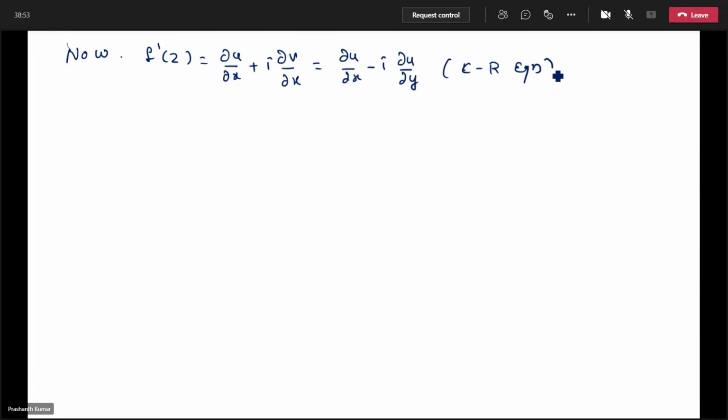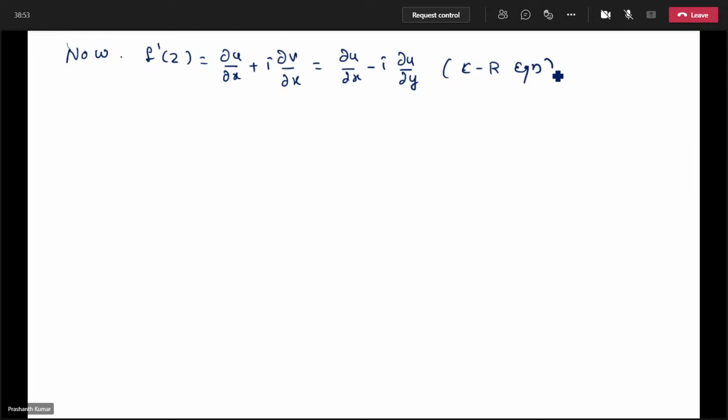Now to express f dash z completely in terms of z, we are taking this as equation 4. By the Milne's method we replace x by z and y by 0.